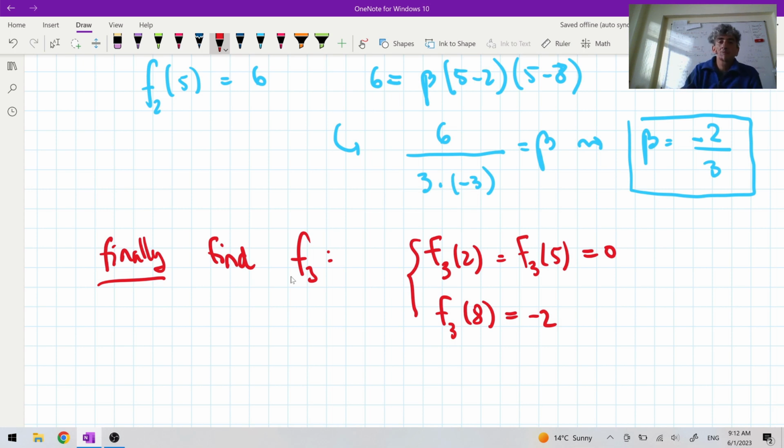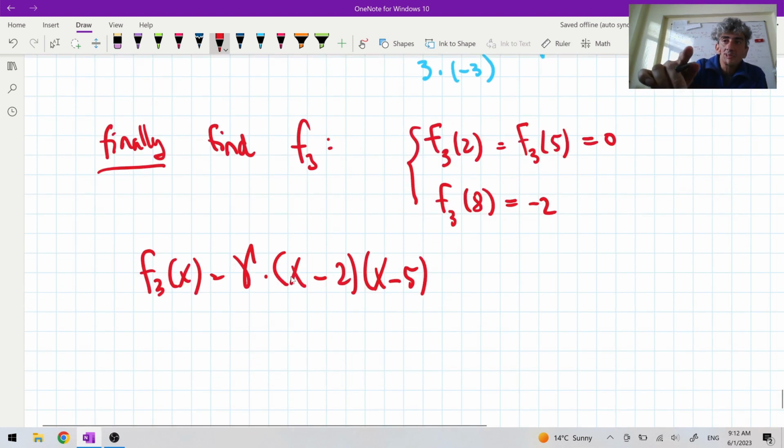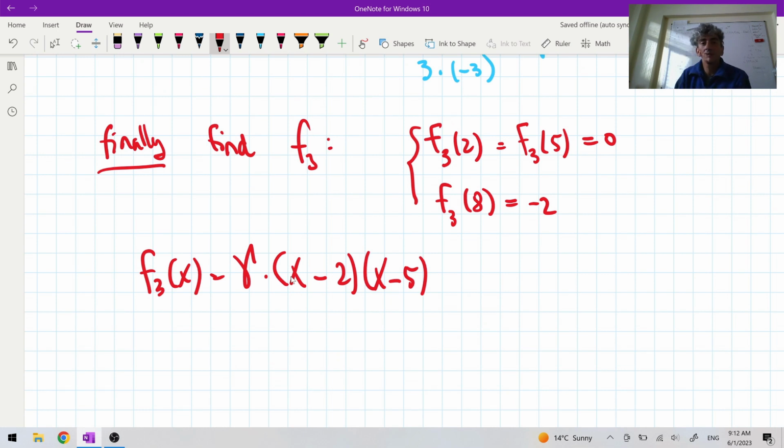Again, this is easy to find. This will guarantee that it will vanish at 2 and 5, and then we say, okay, when we plug in an 8, we need to get a minus 2.